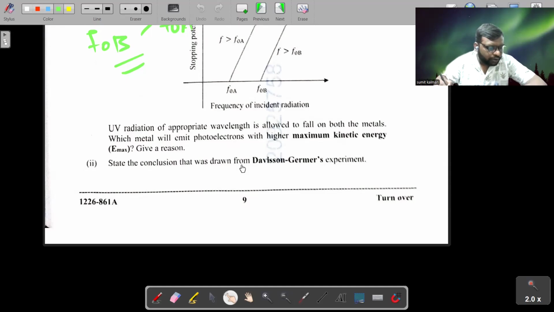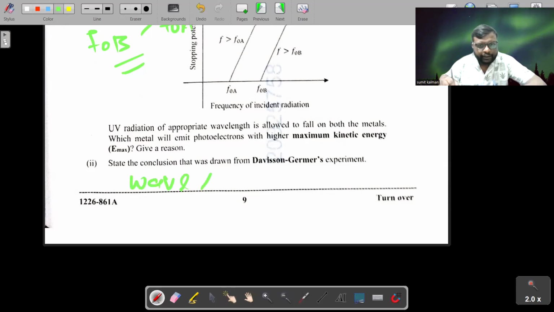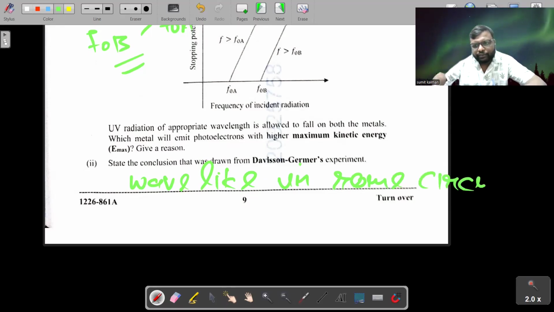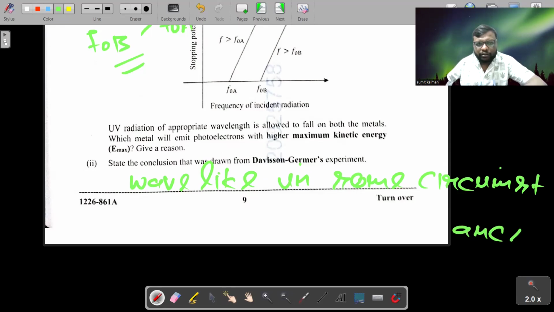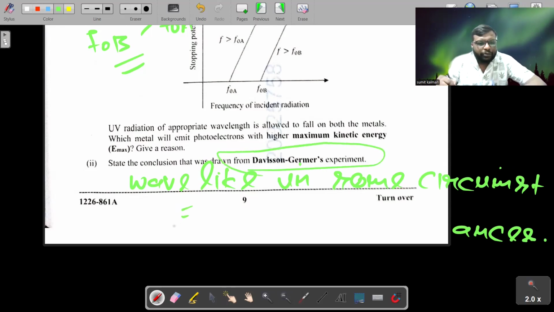As we all know, the conclusion of the Davisson-Germer experiment is that electrons are wave-like in some circumstances. So this is the conclusion that was drawn from the Davisson-Germer experiment. So this was the solution of today's problems.